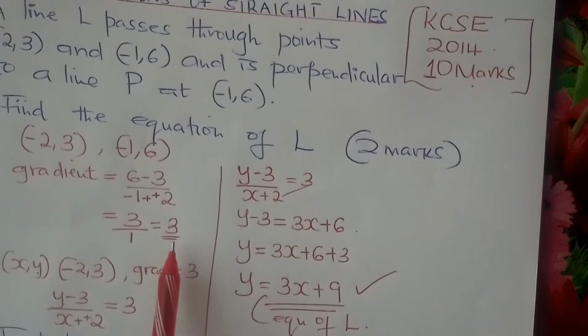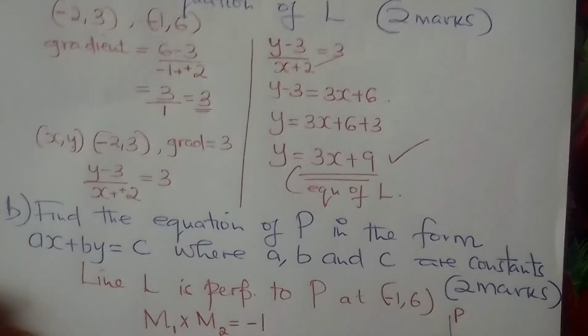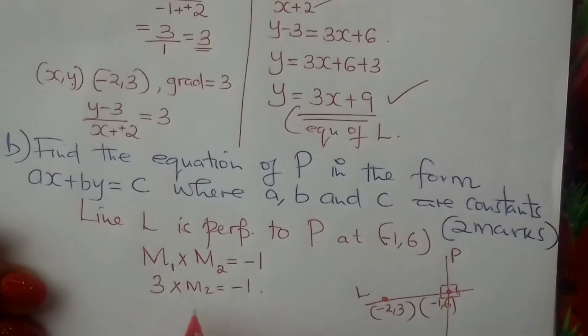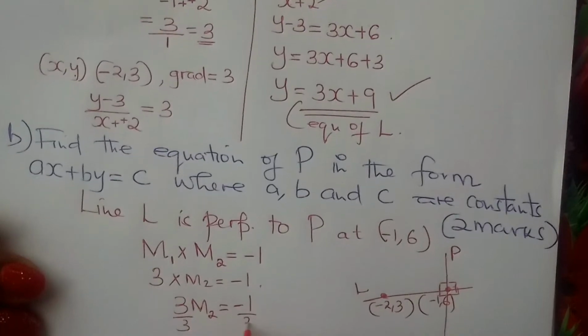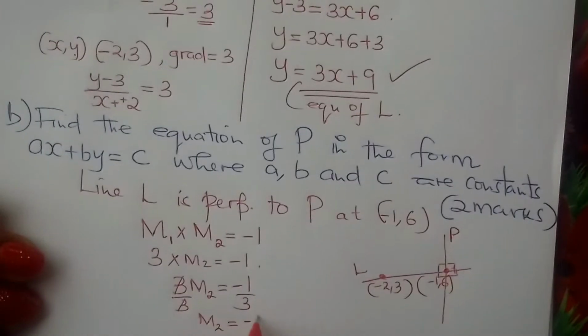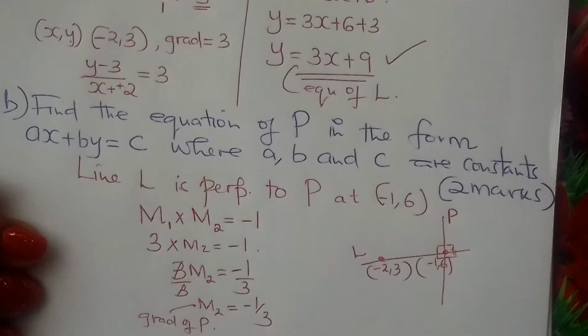From the first part, the gradient of L was 3. So you put your 3 here and multiply by M2 to give you negative 1. Therefore 3M2 is equal to negative 1. Divide by 3, divide by 3. Your gradient is negative 1 over 3. So this is the gradient of line P.